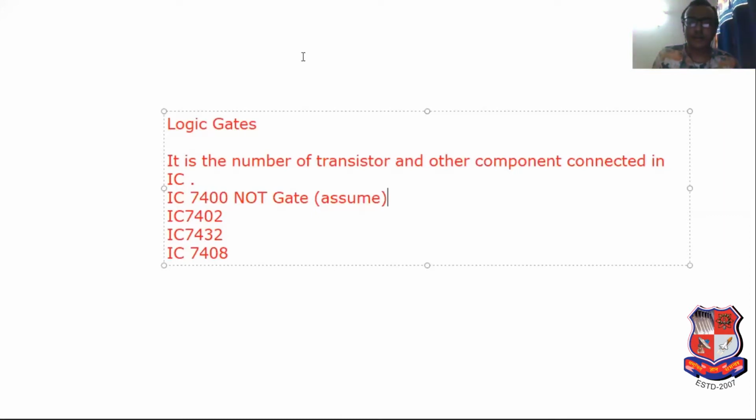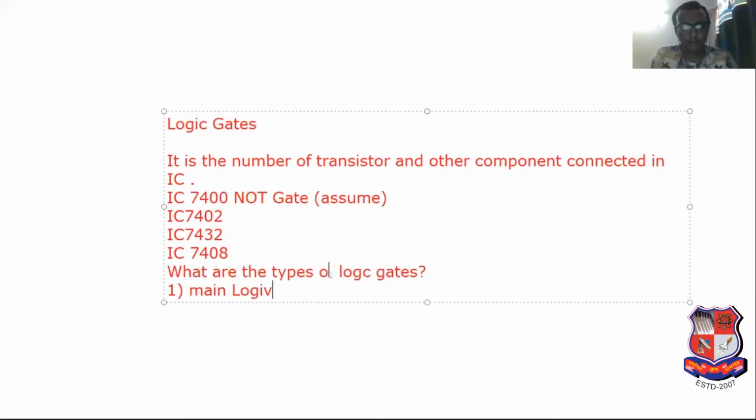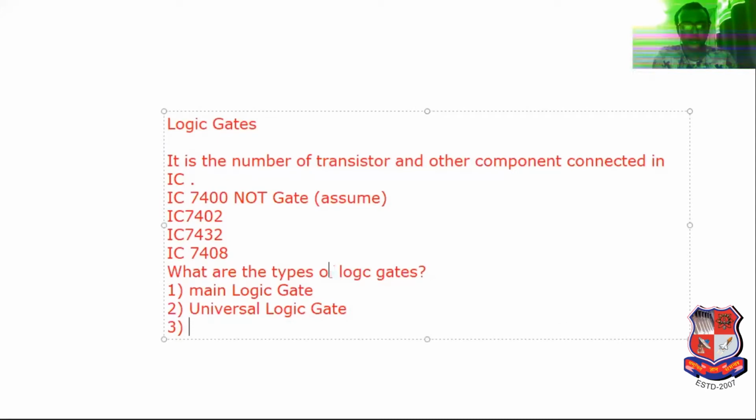Now we have switched over to the next point. First of all, it is known as the fundamental concept of logic gate. Now, what are the types of logic gate? This is the first question related to MCQ. First is the main logic gate, second is universal logic gate, and third is derived logic gate.